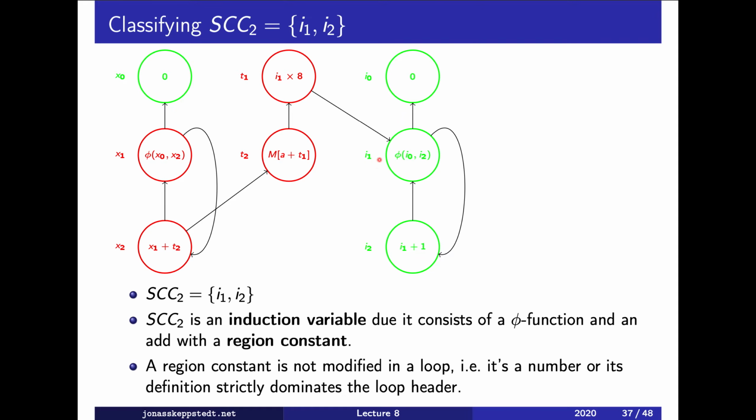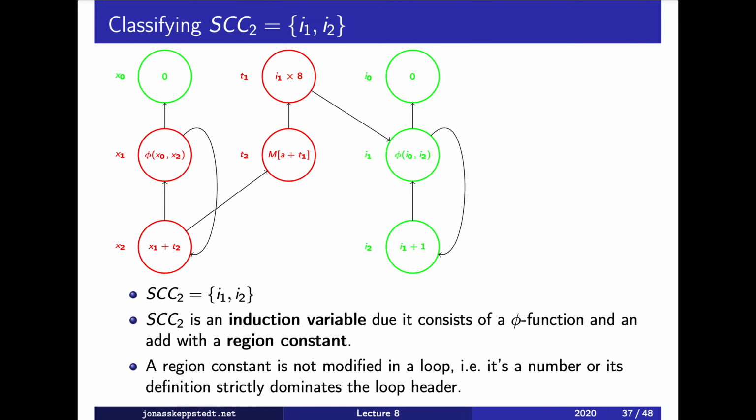Okay, so when we have processed this, we conclude that it's an induction variable, and the I is incremented with a region constant. In this case, it's constant. I mean, it's a number, but it could have been something else which is not modified in this region.